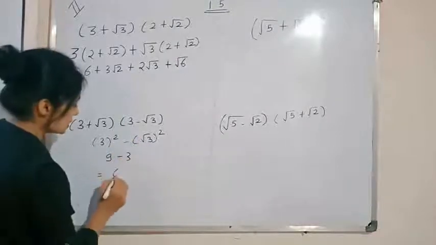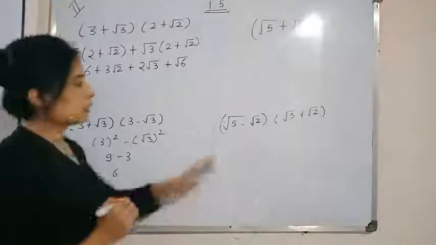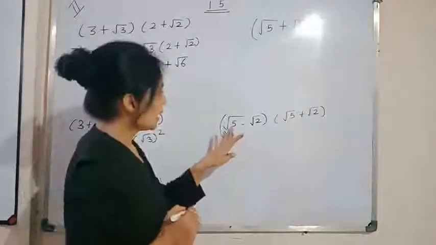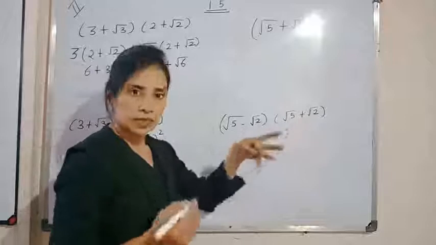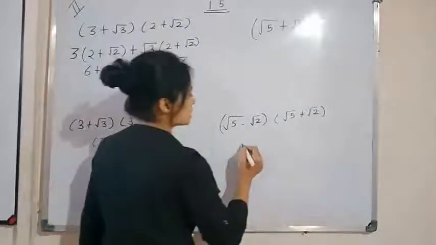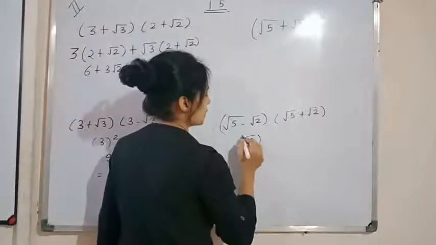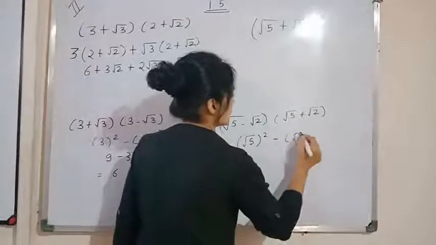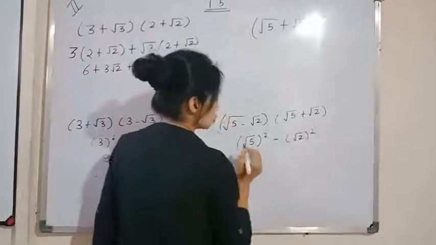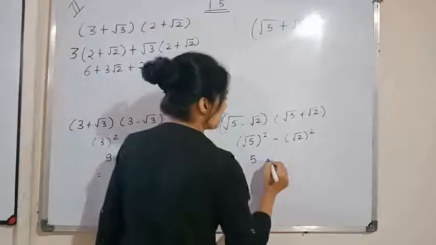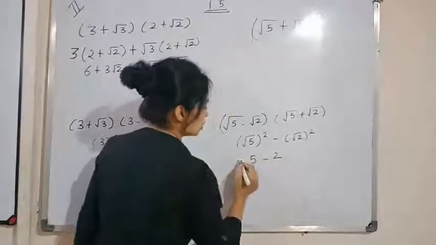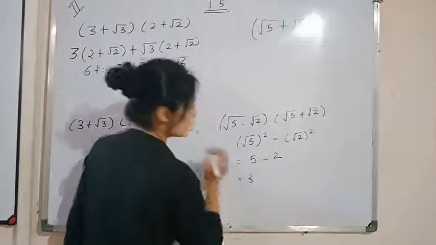That is 6. Similarly, when I come to this question, a minus b, a plus b, same identity, a square minus b square. A is under root 5, b is under root 2. So root 5 square will be 5, root 2 square will be 2. So 5 minus 2 equals 3.